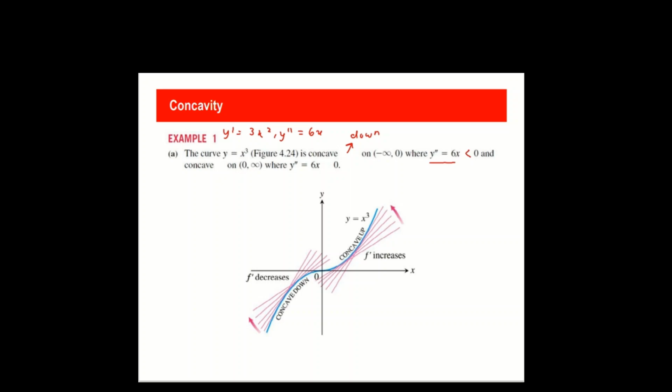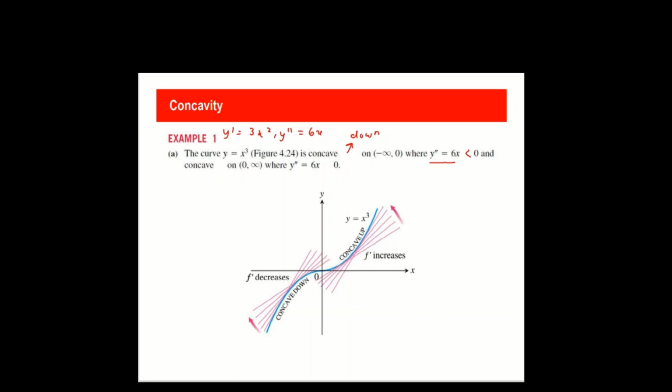The values of x on this interval are always negative. So we have the function 6x here, we plug in any negative value, and the second derivative will always be negative, and that is why the function is concave downward on that particular interval.